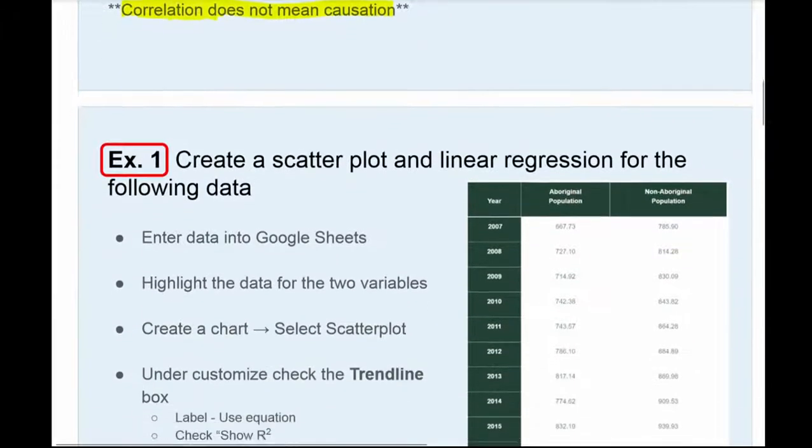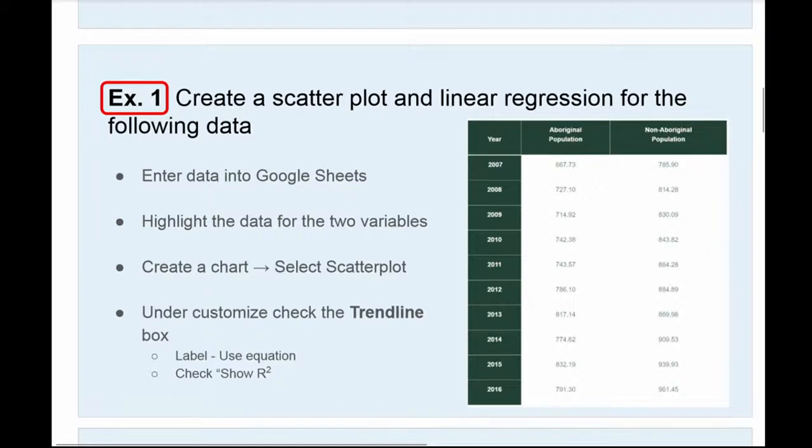But what we want to do first is get right into it and create a scatter plot and linear regression for the following data. This is looking at the weekly income for an Aboriginal population and non-Aboriginal populations over the years from 2007 to 2016.